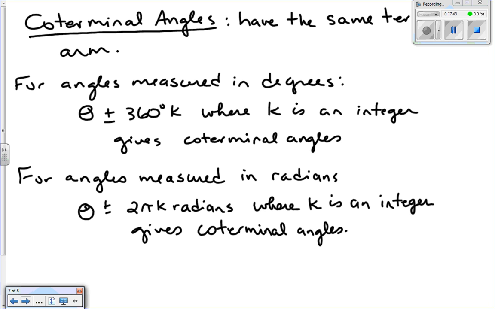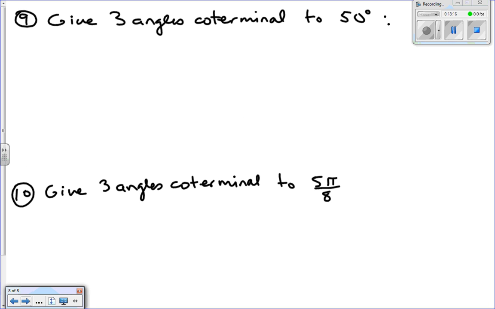So we can substitute k with any number, positive or negative, any whole positive number or its opposite, and end up at the same spot. If we're measuring our angles in radians, adding 2 pi rotations, so adding any number of full rotations, will give us a coterminal angle. So let's just practice that with a couple of questions here.